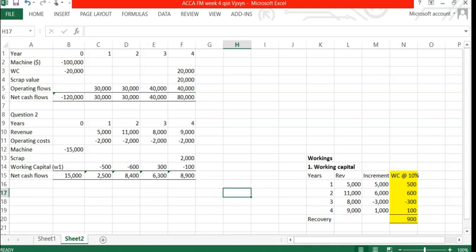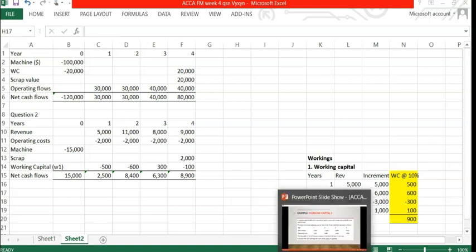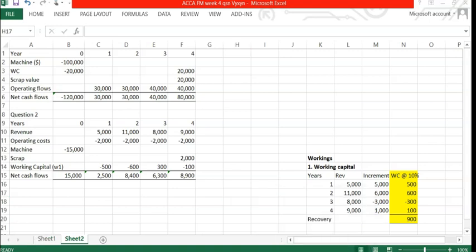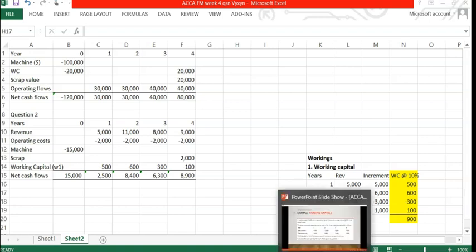So ladies and gentlemen, those were our cash flows. Okay, let me see. I think we made some errors somewhere here.